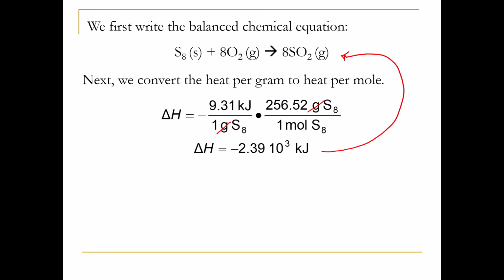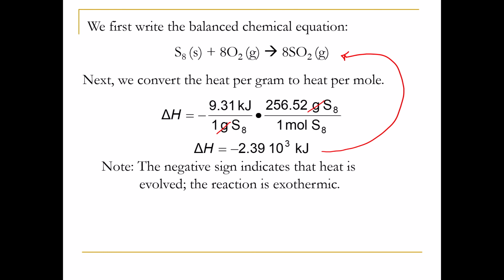So this delta H value not only says that we have 2.39 times 10 to the third kilojoules released per 1 mole of S8, but it's also per 8 moles of O2 and per 8 moles of SO2. So we don't put the mole on there because we want to be able to apply it to anything in the equation.